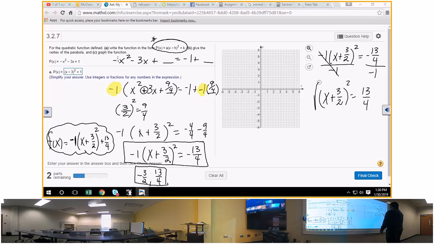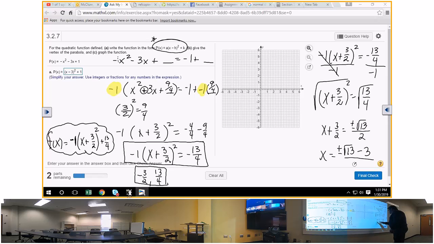Take the square root of both sides, and that's going to be x plus 3 halves is equal to positive or negative square root of 13 over 2. And then minus 3 halves, x is equal to positive or negative square root of 13 minus 3 over 2.